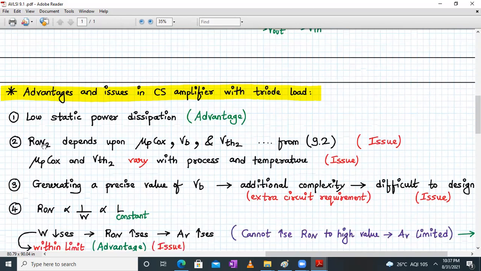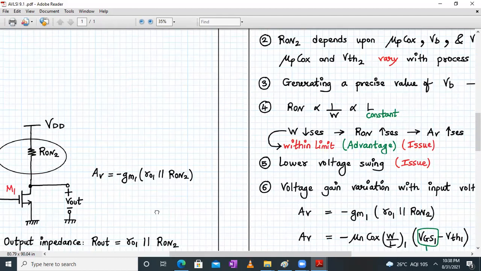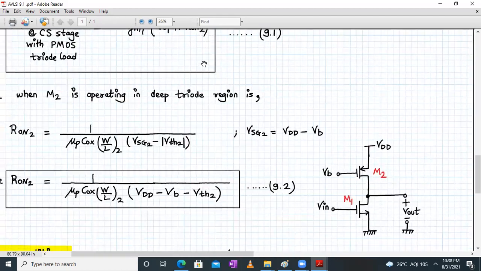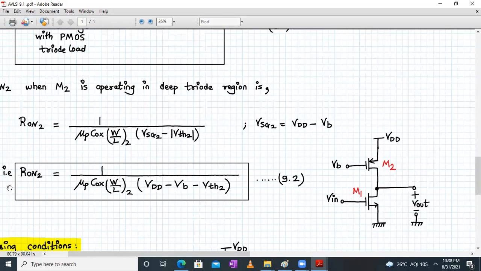Now, R on 2 depends upon mu P into Cox, VB and VTH2 from 9.2. So let us see this 9.2 equation. Yeah, R on 2 is inversely dependent upon mu P into Cox. It also depends upon W by L of 2, VB and VTH2, right?